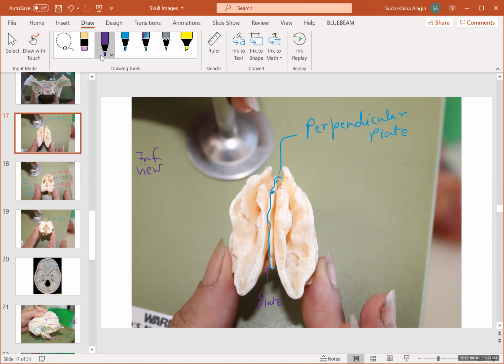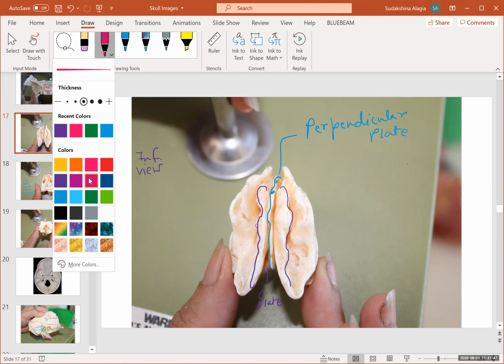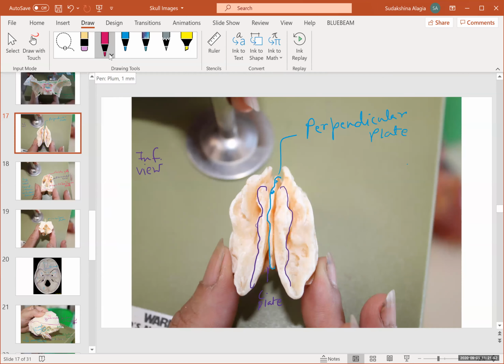So I'm going to use a different color. This is a pair of bony shelves. And then this also is a pair of bony shelves. See that? This is the shelf.